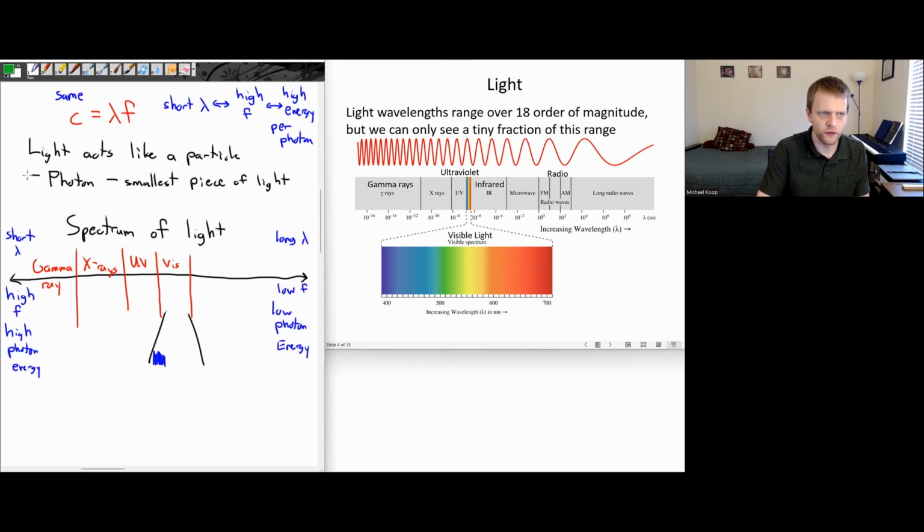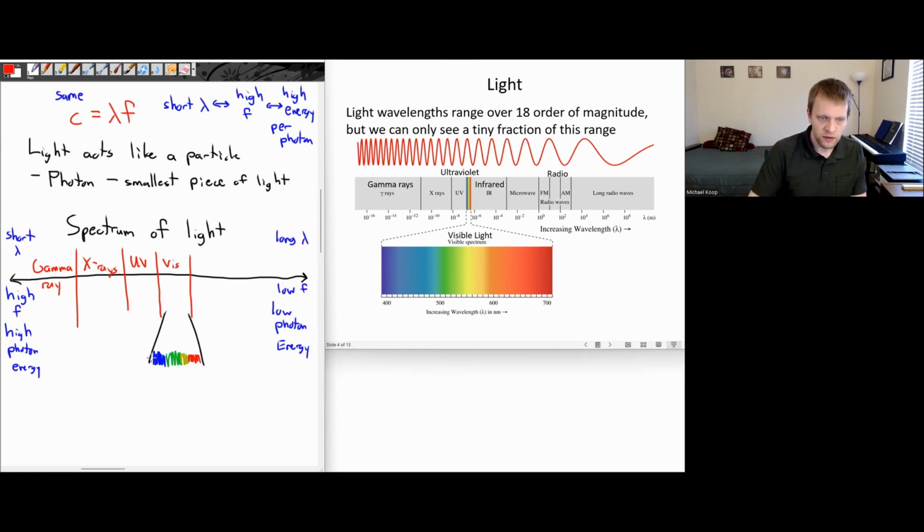And then as we move over, eventually we get some green light, some yellow light in there, and eventually get to red light as the longest wavelength part of the spectrum. So again, blue light would be the shortest wavelength part of the visible spectrum. Red light would be the longest wavelength part of the visible spectrum.